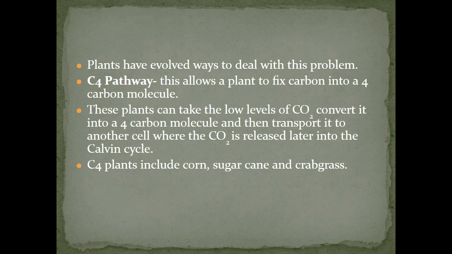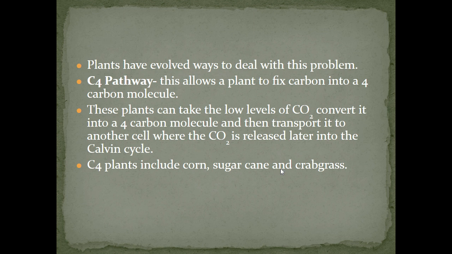This allows plants to fix carbon into a 4-carbon molecule. These plants can take low levels of CO2, convert it into a 4-carbon molecule, and then transport it to another cell where CO2 is released later into the Calvin cycle.